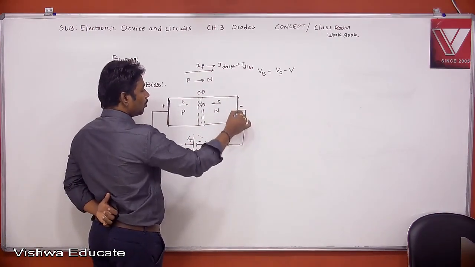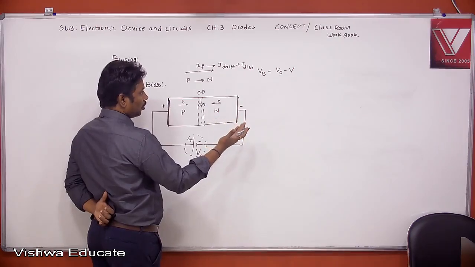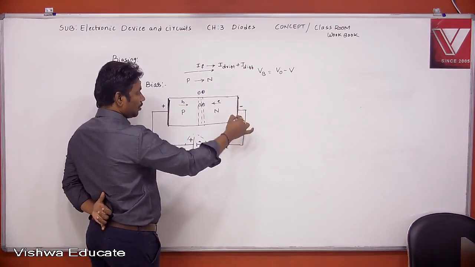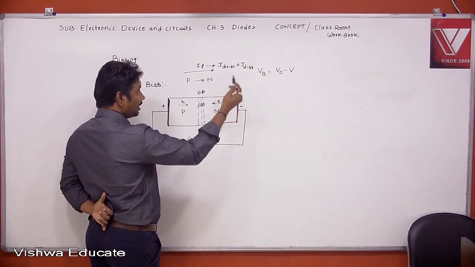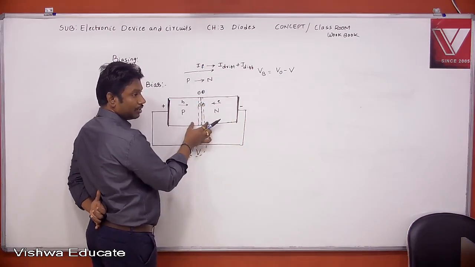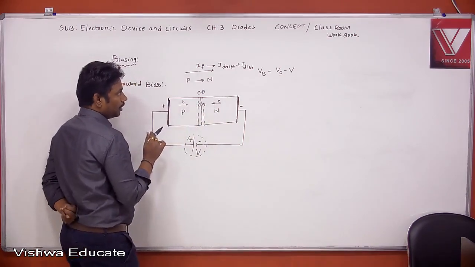Already I told what drift is: the current flows due to the applied external voltage, right? So the drift current flows at the far end of the PN junction. And where does the diffusion current flow? The diffusion current flows at the junction, because here there is a concentration gradient, right? That's why the diffusion current flows.